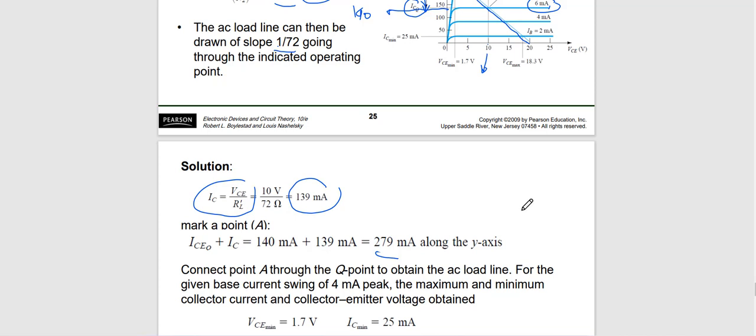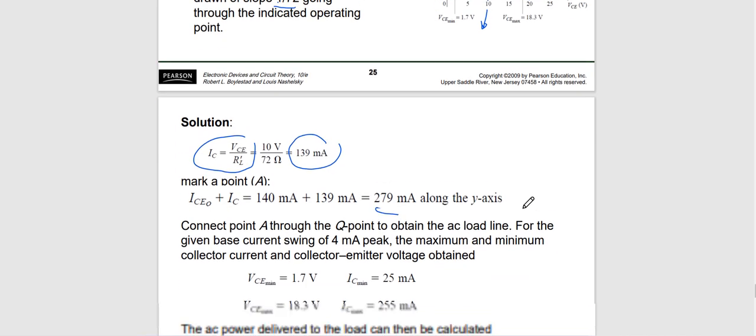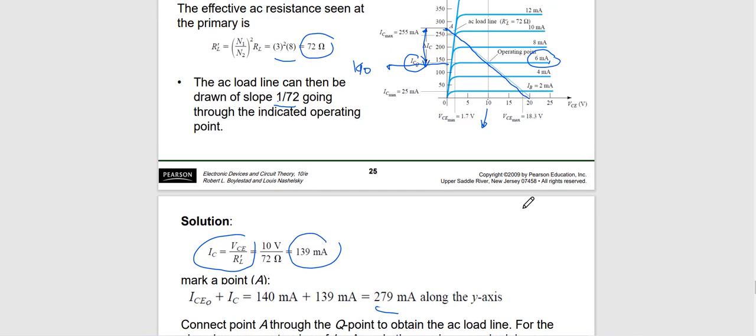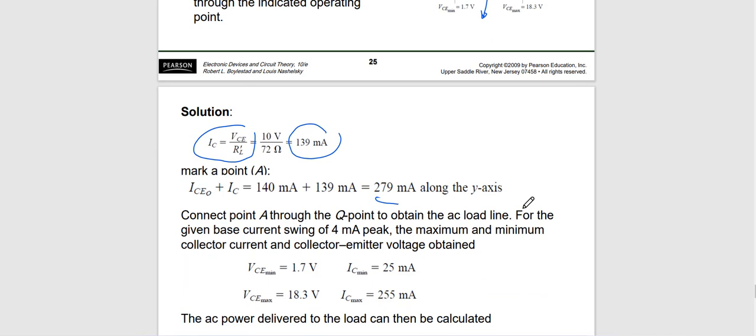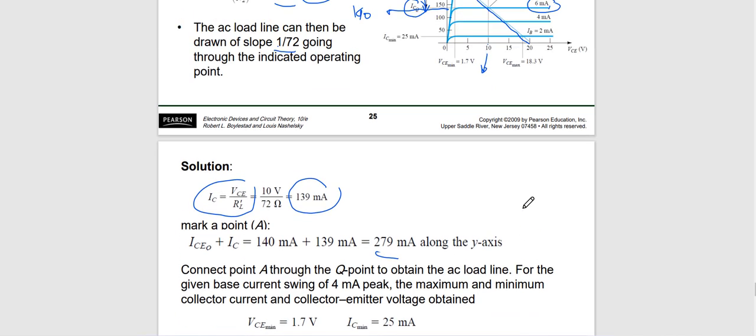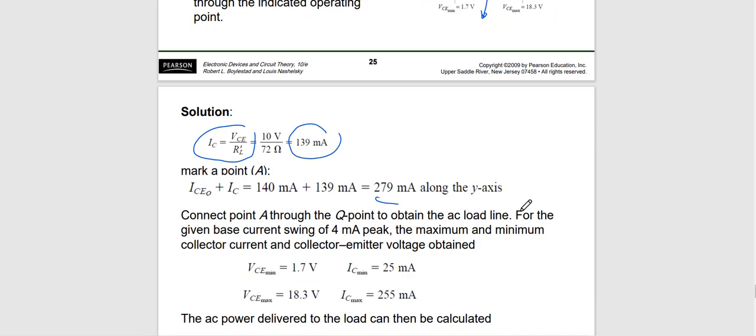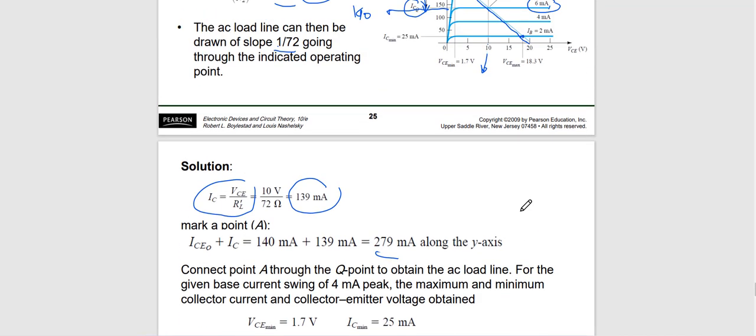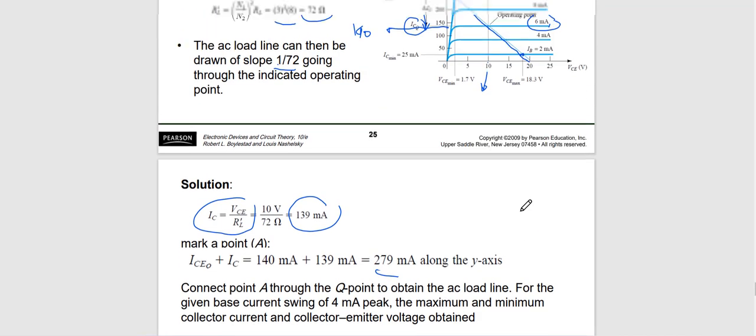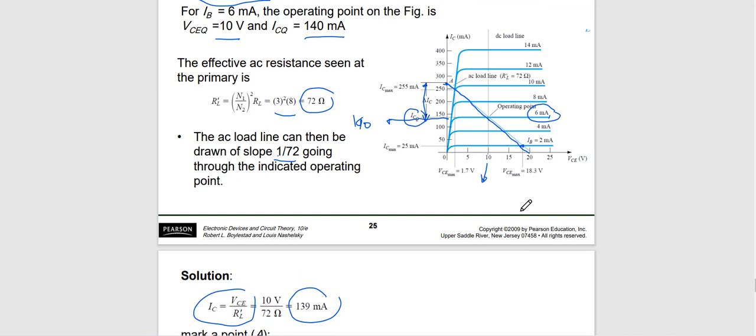Then we can calculate the VCE min over there. This IB is equal to 2 milliampere because below 2 milliampere is cutoff. So the swing is between the VCE min of 1.7, because this one is here.